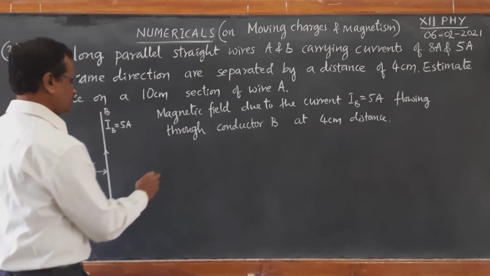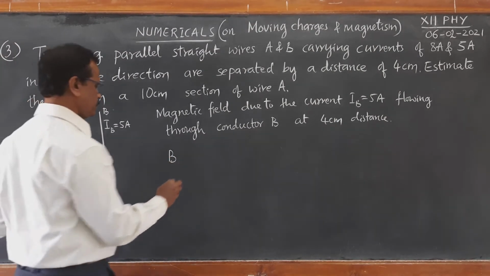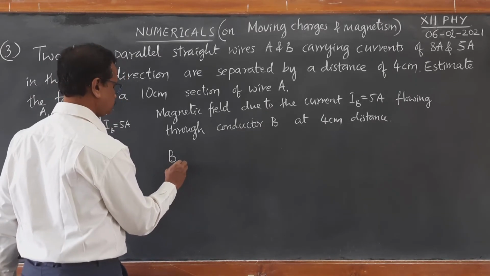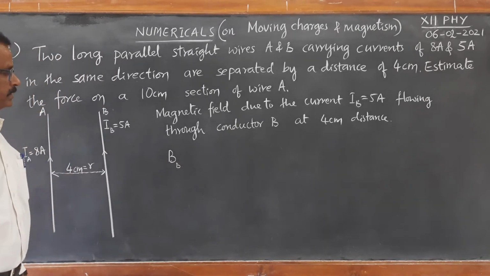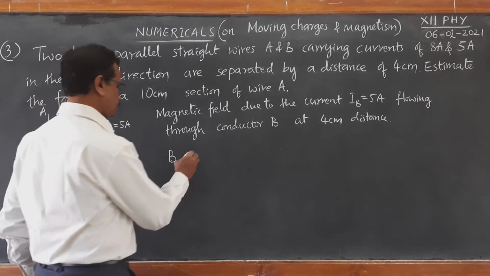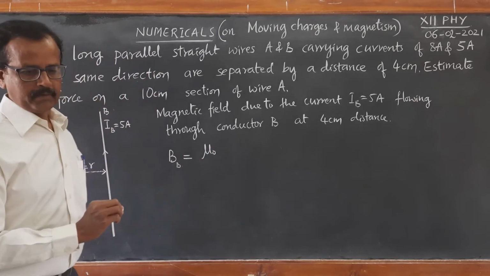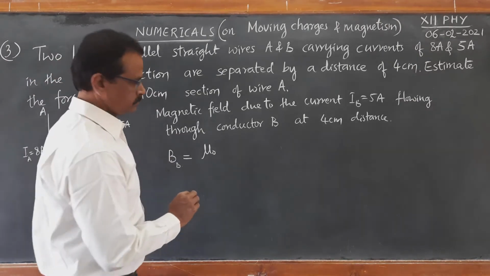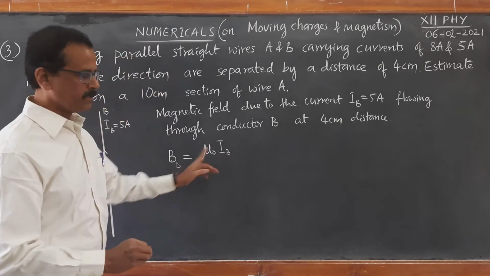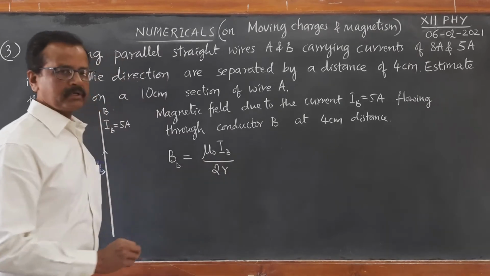So magnetic field B due to current in B is equal to mu naught I upon 2R. Mu naught I, the I is nothing but IB by 2R, where R is the perpendicular distance.